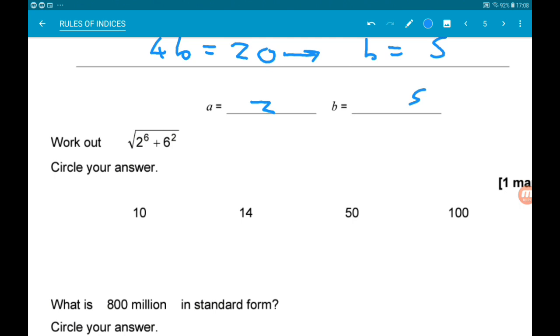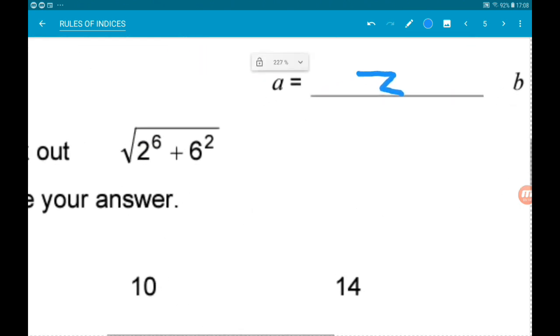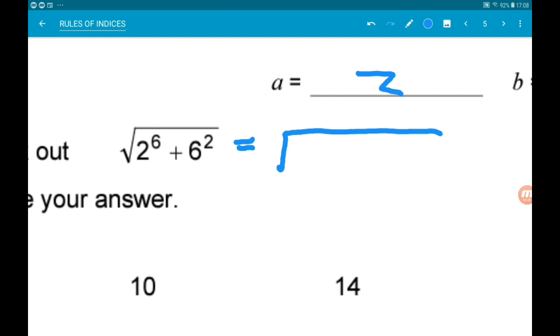So 2 to the power 6 means 2 times 2 times 2 times 2 times 2 times 2, which gives us 64. 6 to the power 2 means 6 squared, that's 36.